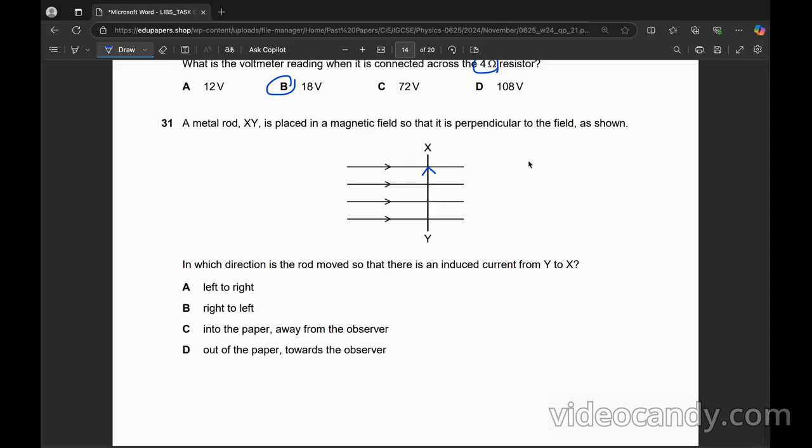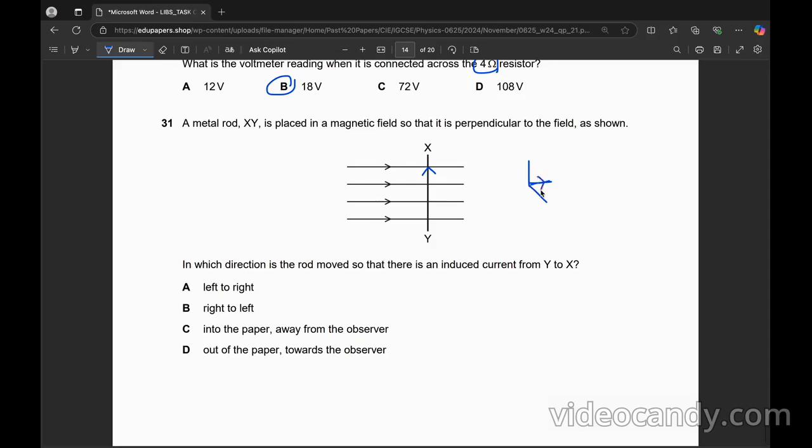So I'll just draw something like this, right? The three fingers, your thumb, your index and middle fingers, have to be perpendicular to each other. The first thing you have to do is point out the magnetic field, which is represented by the index finger, so you point it towards the right.